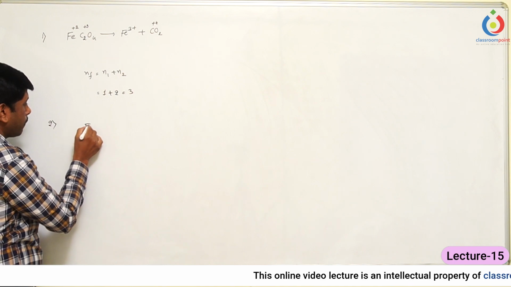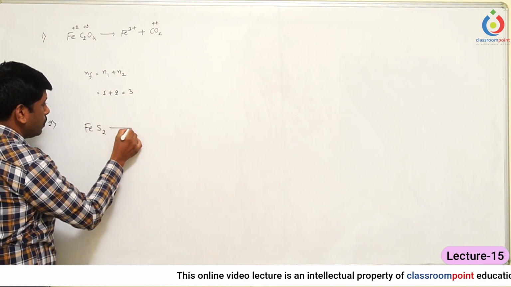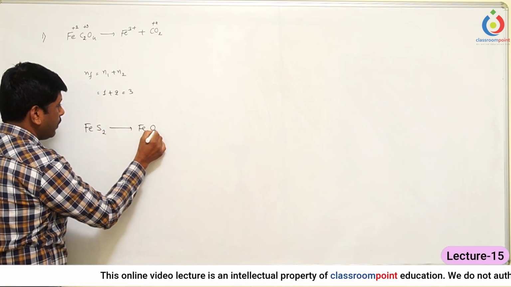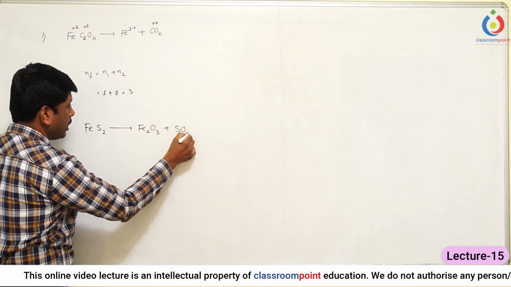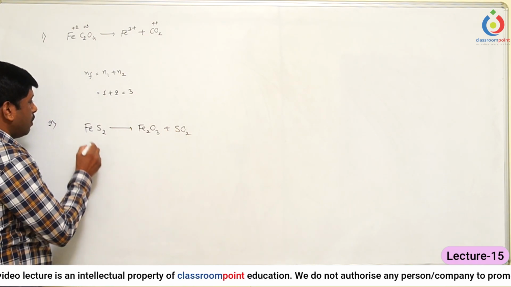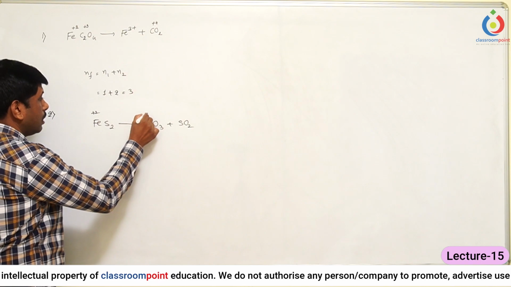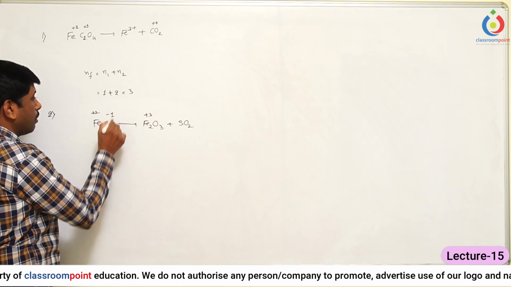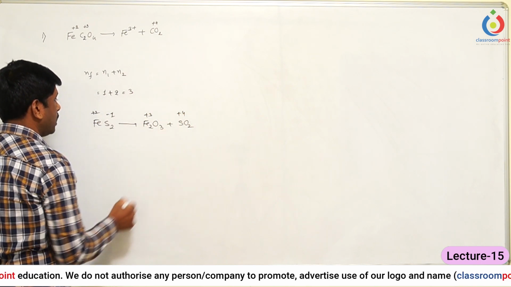Similarly, FeS2 changes to Fe2O3 plus SO2. Iron's oxidation state is +2, here it is +3; sulfur is -1, here sulfur is +4.